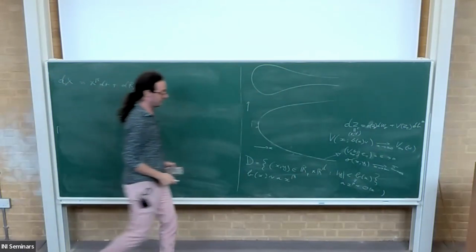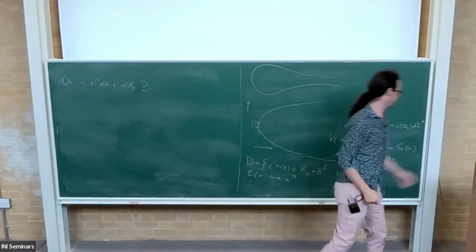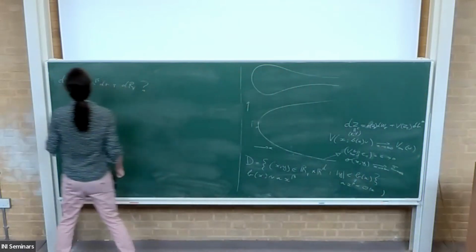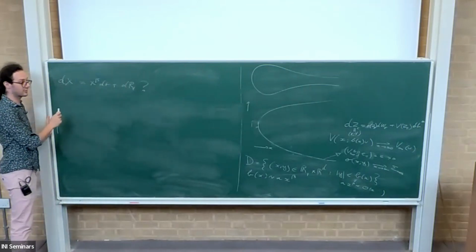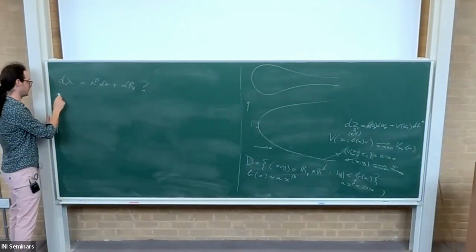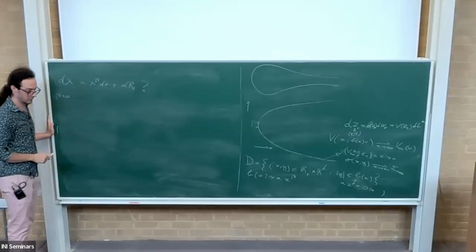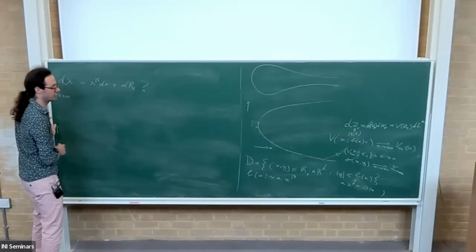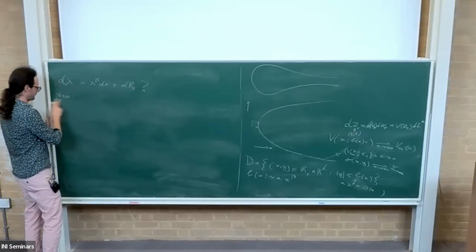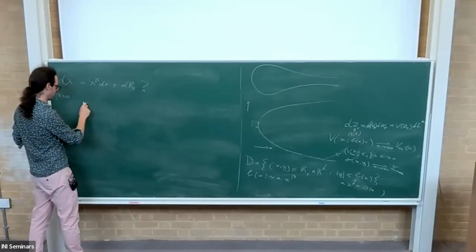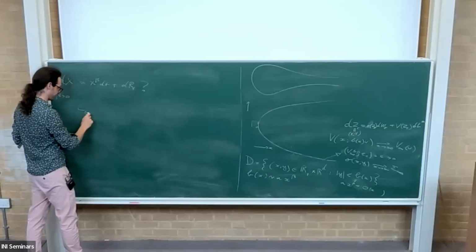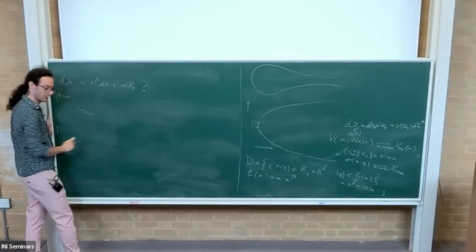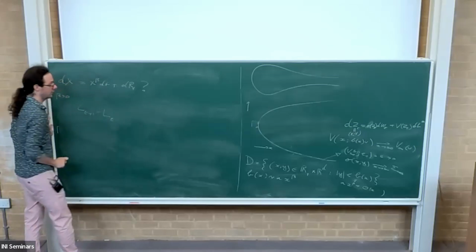So let's look at the local time. For this explanation, I will assume that beta is bigger than 0. Otherwise it's a bit more complicated, but you can modify the argument so that it works. So let's assume beta is positive, and let's look at the local time at t plus 1 minus the local time at t.